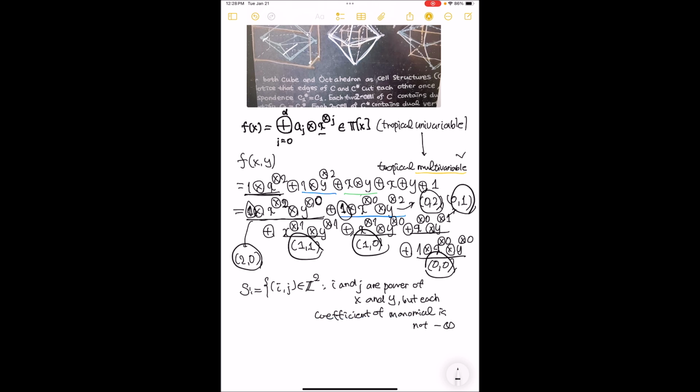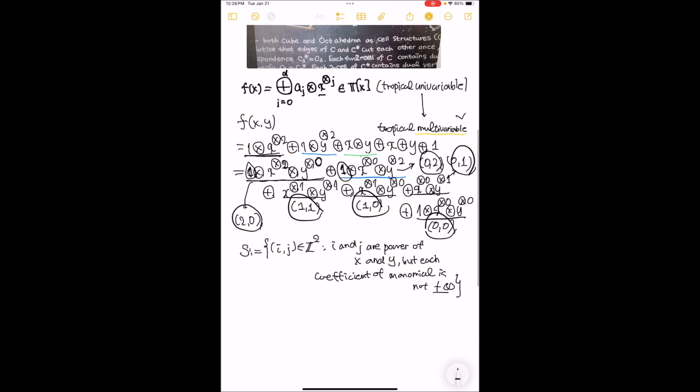In tropical system, 0 means identity, not minus infinity, if we define tropical sum as the maximum, or plus infinity if we define tropical sum as the minimum. That depends on how we define tropical sum, as the maximum or a minimum.